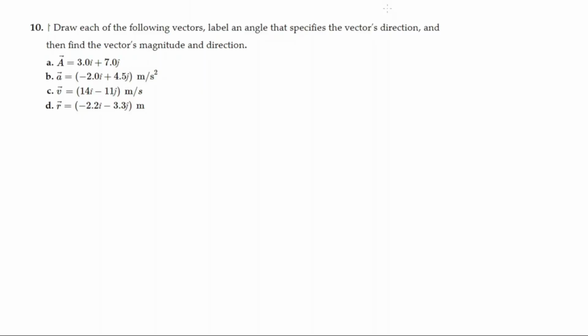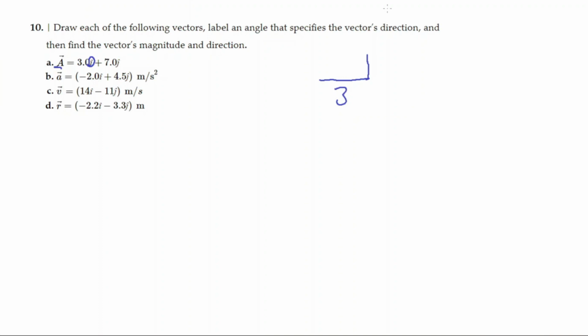Alright, so let's take a look at number 10. Number 10 is: draw each of the following vectors, label an angle that specifies the vector's direction, and find the vector's magnitude. So let's start with A. We have vector capital A that goes 3 to the right, 3 x components. So we would just draw 3 there, and that's denoted by the i right here.